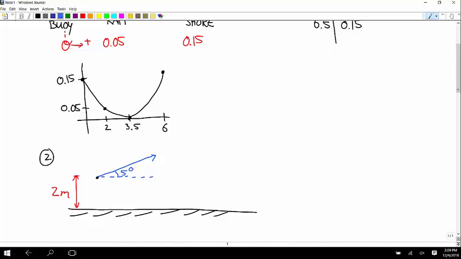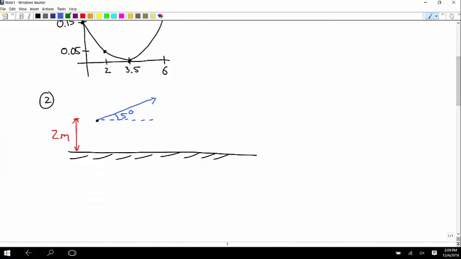It's caught after it travels 20 meters horizontally. So this distance is 20 meters. And we want to know how high it is when it's caught.